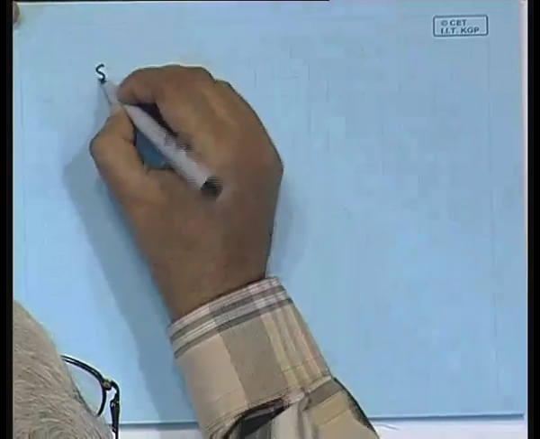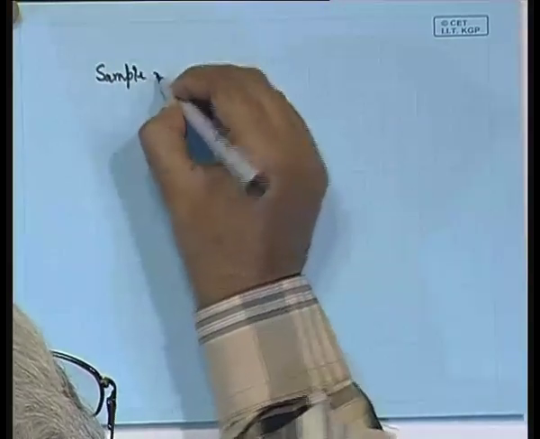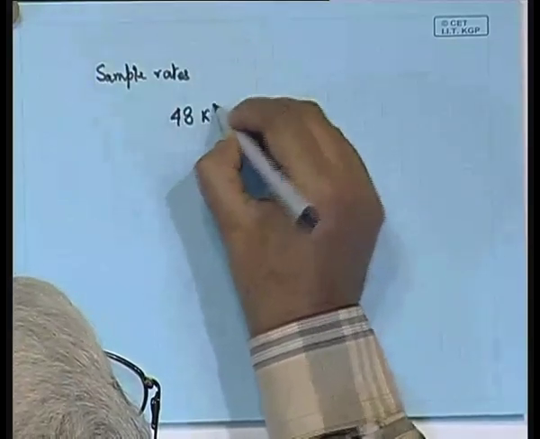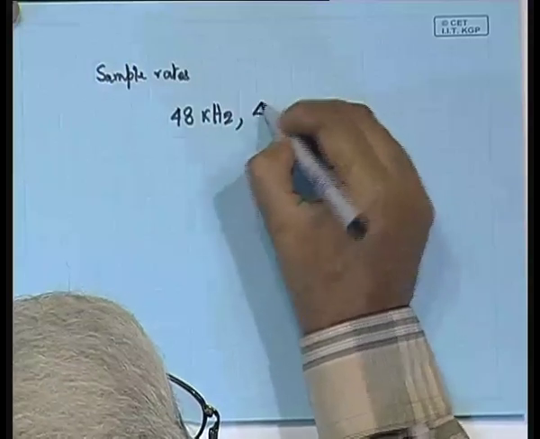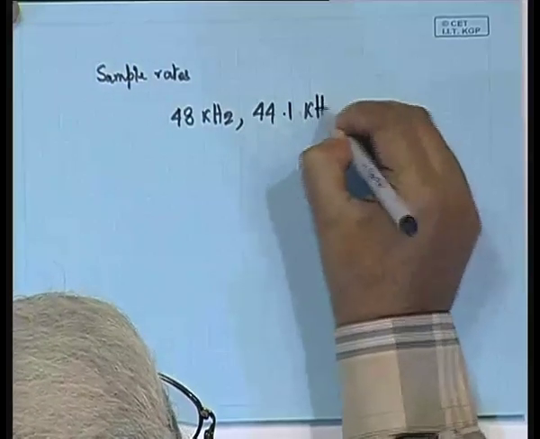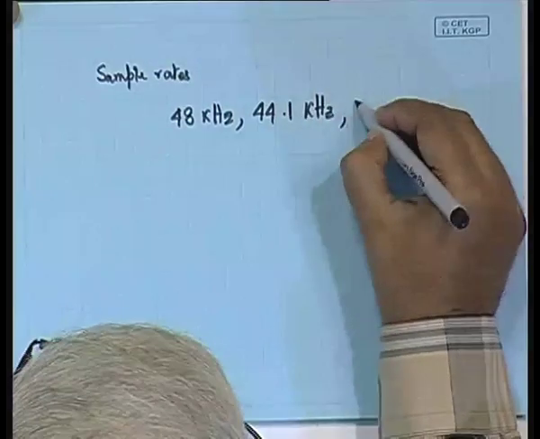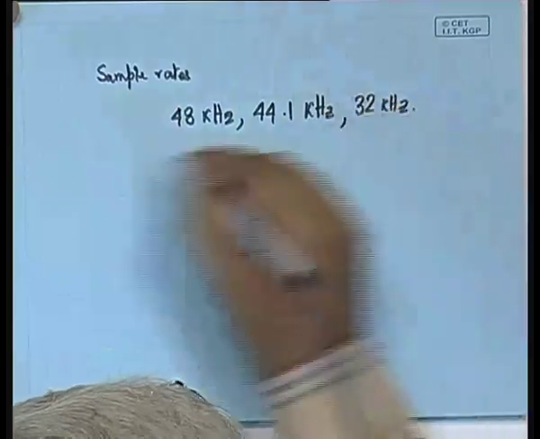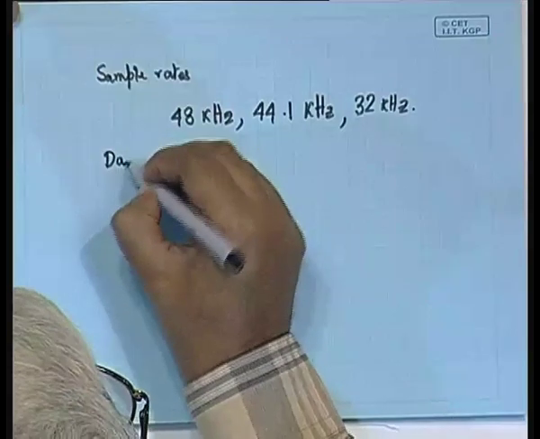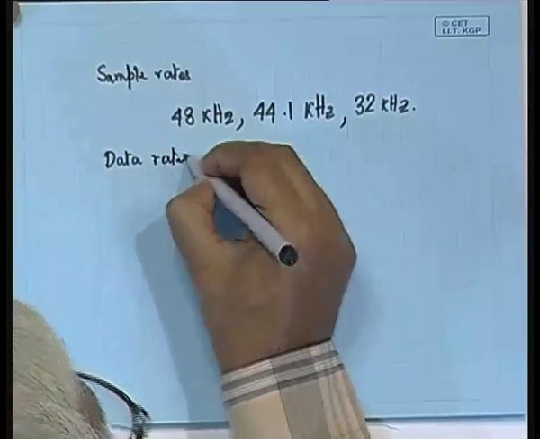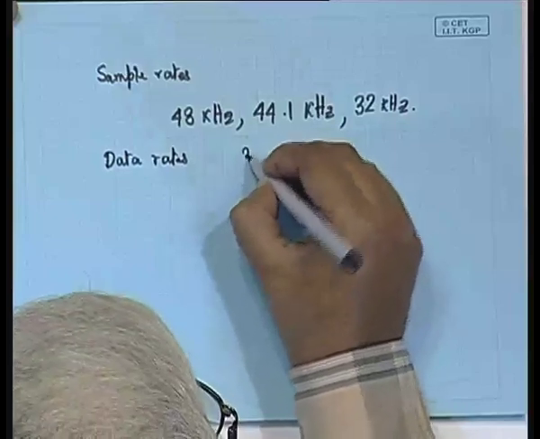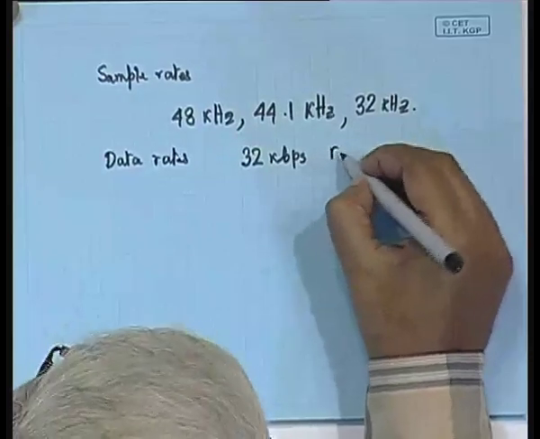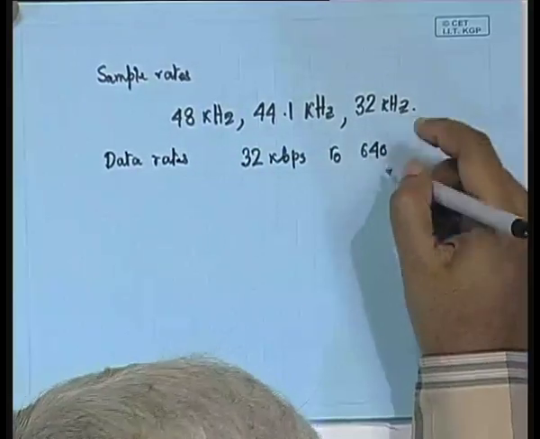The sample rates which are specified there are 48 kilohertz, then 44.1 kilohertz, and or 32 kilohertz, and it supports data rates ranging from 32 kbps to 640 kbps.